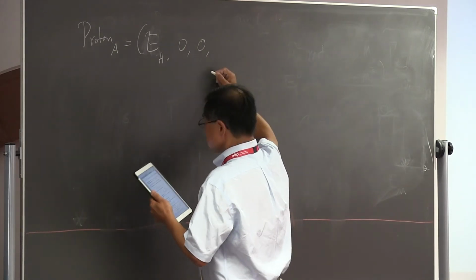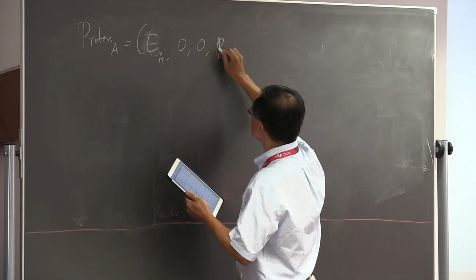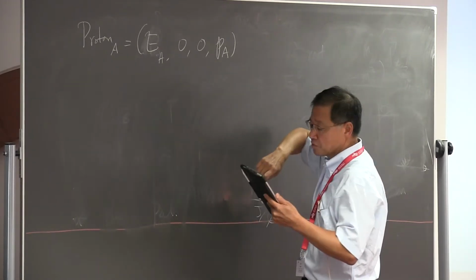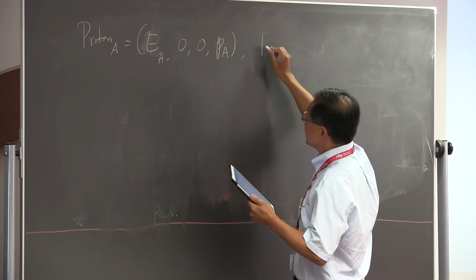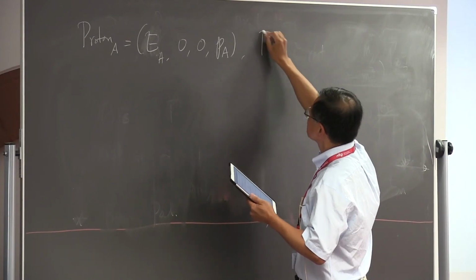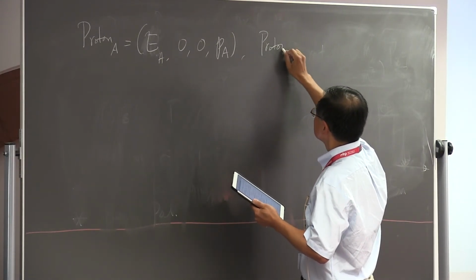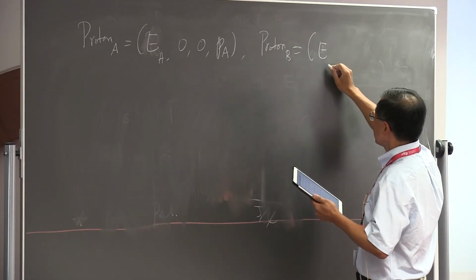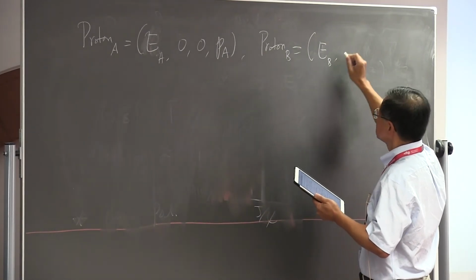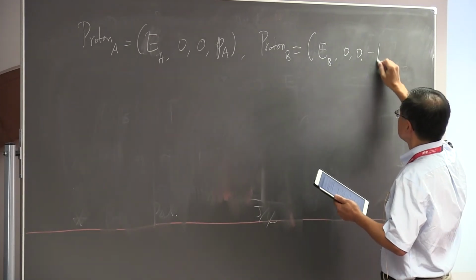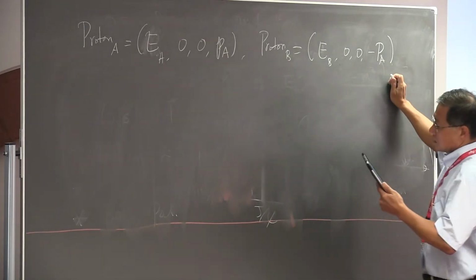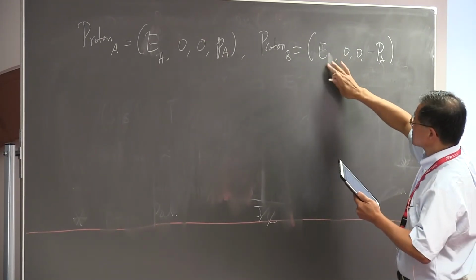Along the z direction alone, no significant transverse xy components, and to have a head-on collision with proton B with energy in the opposite direction, and its mass is very important.